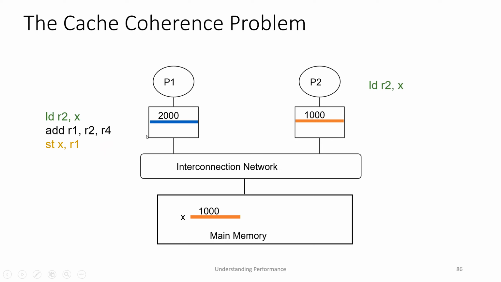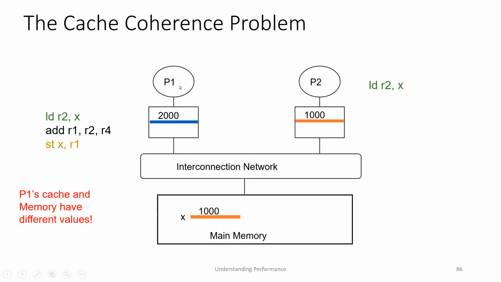Let's say R4 has 1000, so we add the value R2, 1000, and R4, 1000, and store this 2000 value in the same location X. Now what happens is this store instruction will go and update the local cache of P1. Okay, that's the reason we see 2000 here and 1000 here.